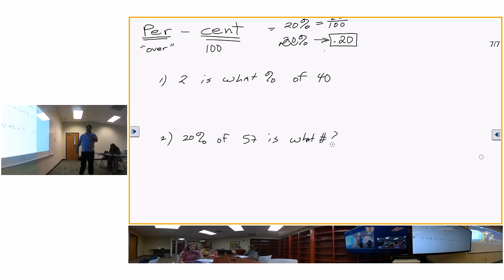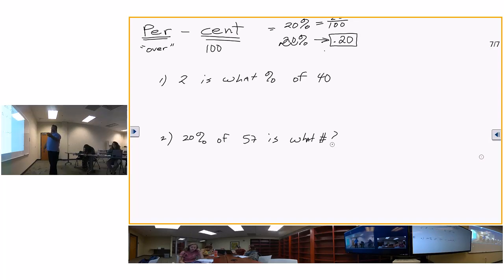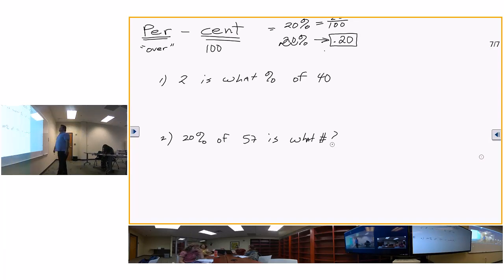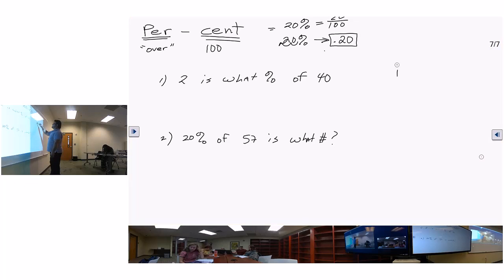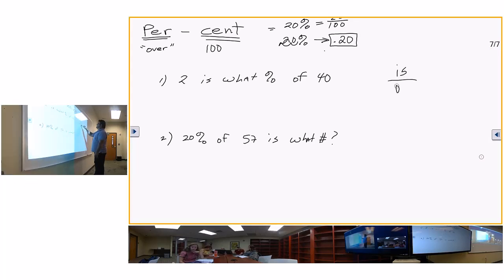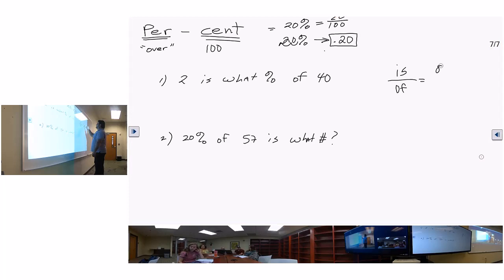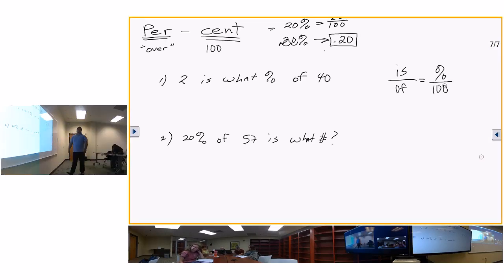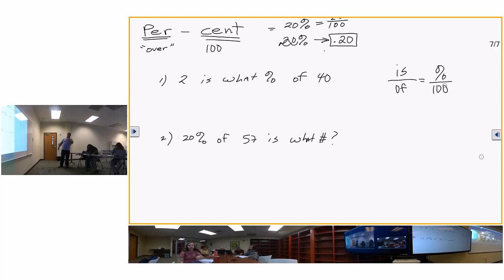And when you have a sentence question, meaning just one sentence, you use is over of, percent over what? Most of y'all should remember that from somewhere. Somewhere down the line in 12 years of school, somebody should have shown you that.